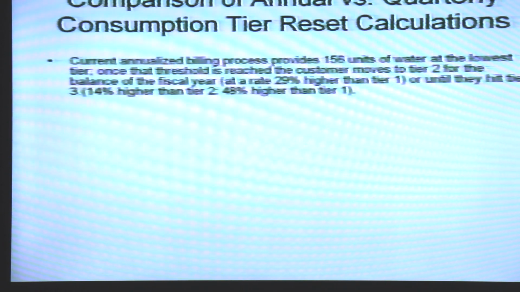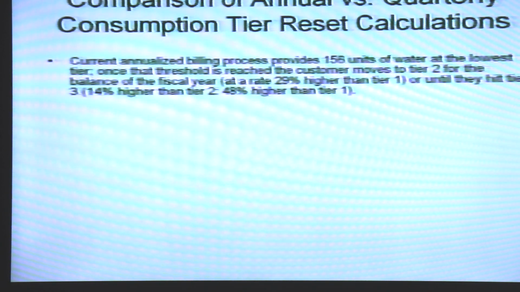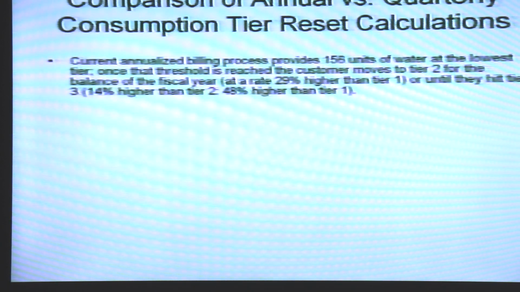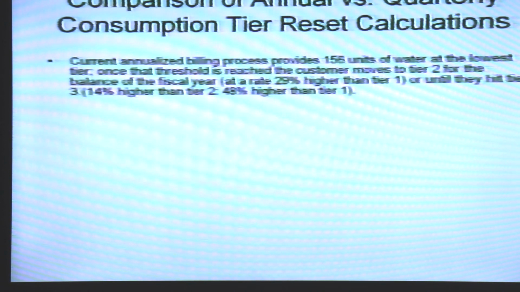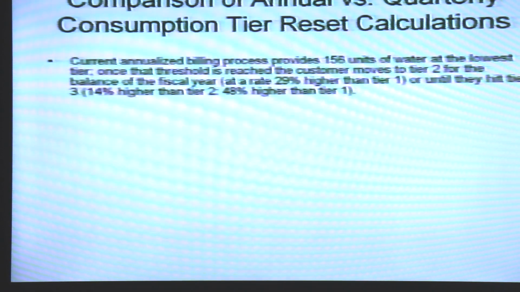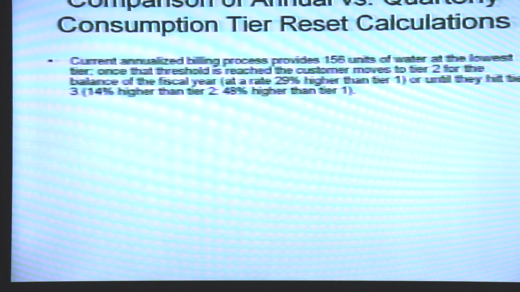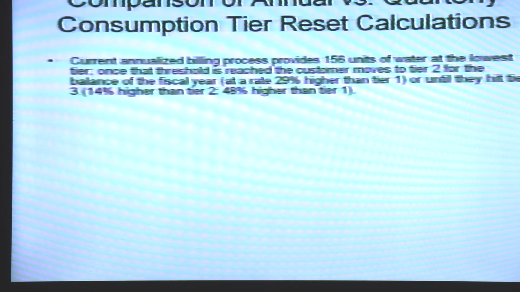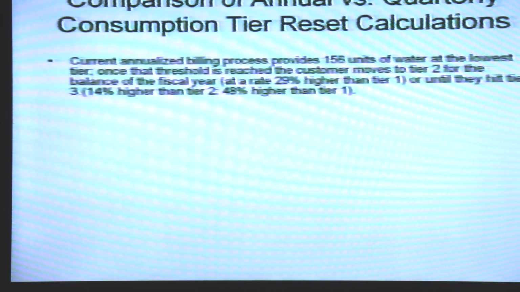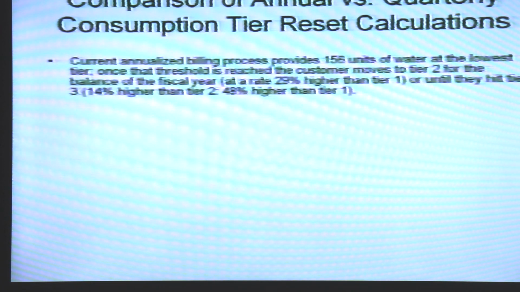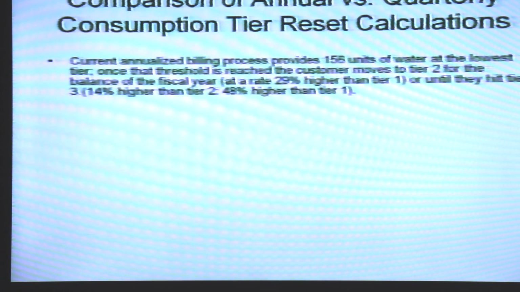The current annualized billing process provides 156 units of water at the lowest tier. Once that threshold is reached, the customer moves to Tier 2 for the balance of the fiscal year at a rate that's 29% higher than Tier 1, or until they hit Tier 3, which is 14% higher than Tier 2, and 48% higher than Tier 1. And when we add sewer onto that, you're almost at 94% higher from Tier 1 to Tier 3.